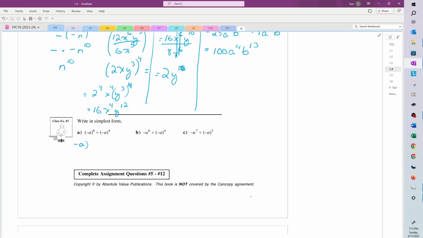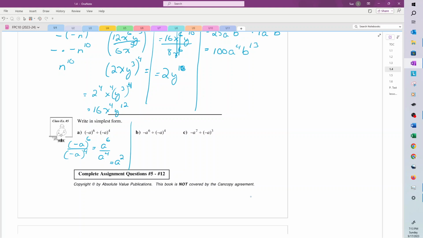So this is negative a all to the 6 over negative a all to the 4. And then I'm going to simplify the top and simplify the bottom. So negative a to the 6 is actually going to be equal to a to the 6 because it's going to be positive because there's an even number of negatives. And negative a to the 4 is also going to be positive. So that's going to be a to the 4. So that's just going to be a squared.